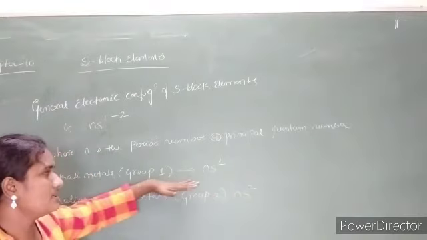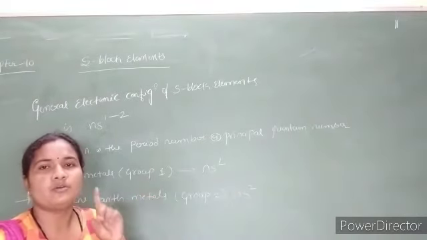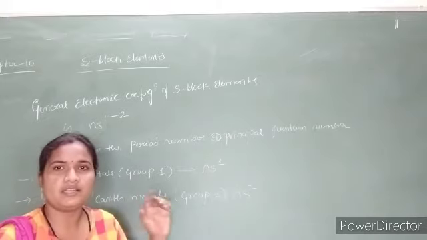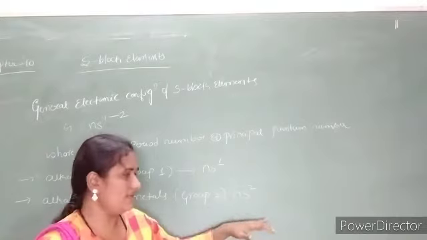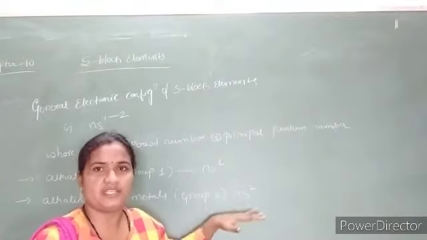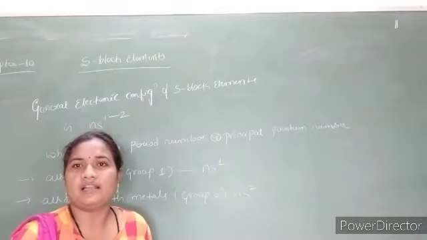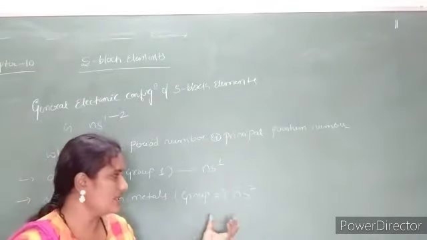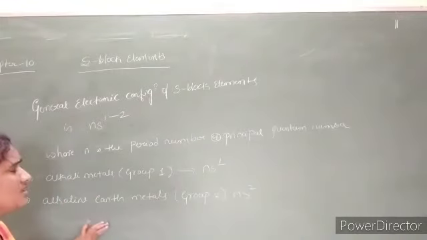The alkali metals have ns1 because they have 1 valence electron in their s orbital, and the alkaline earth metals have the general electronic configuration ns2 because they have 2 valence electrons in their last s orbital. That is the major difference between group 1 and group 2.